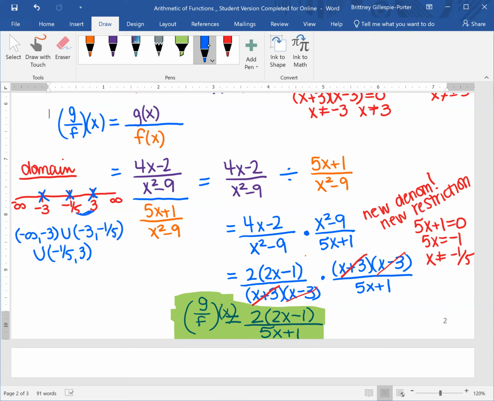We were just right here. And now we are at 3 to infinity. Remember that each time that you need to skip over a number, you're going to need the jump rope, which is the union. So we just found our domain of g divided by f of x.